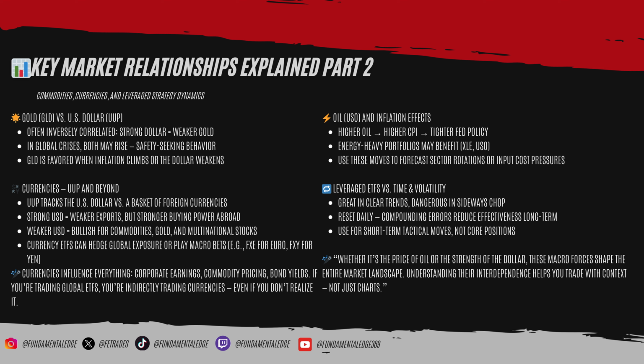But this relationship gets layered when we zoom out. Sometimes both the dollar and gold rise, like during a global shock when investors are desperate for safety. And sometimes both fall when risk appetite returns and cash flows into equities instead. So gold isn't just a hedge against currency, it's a hedge against confidence.